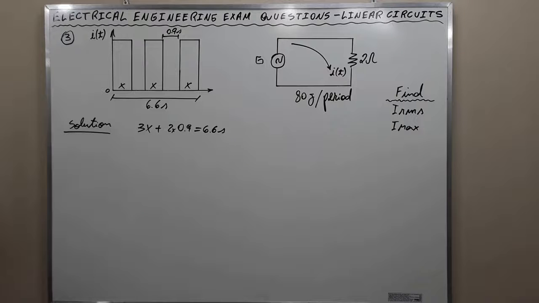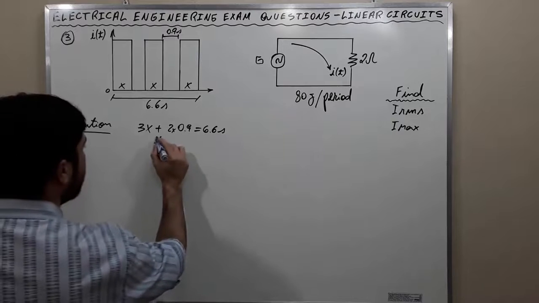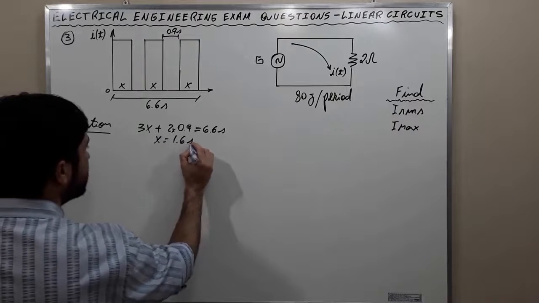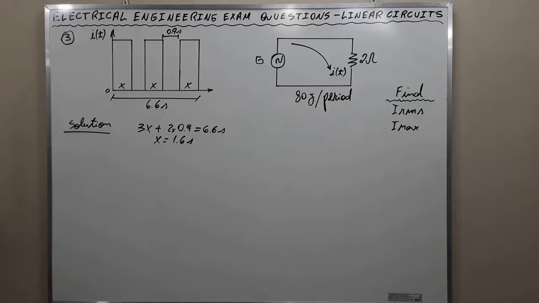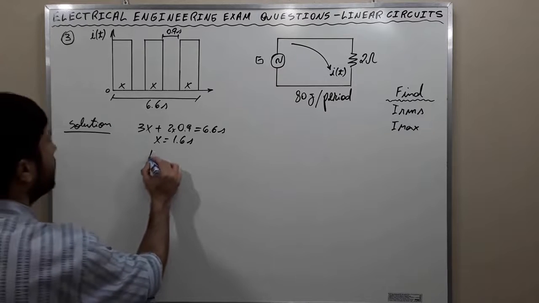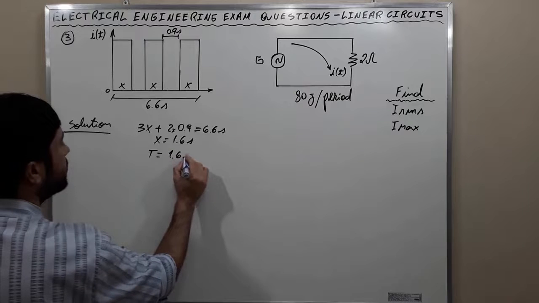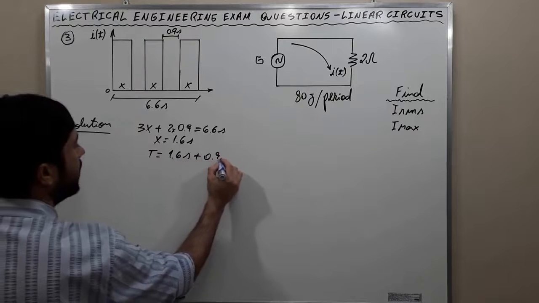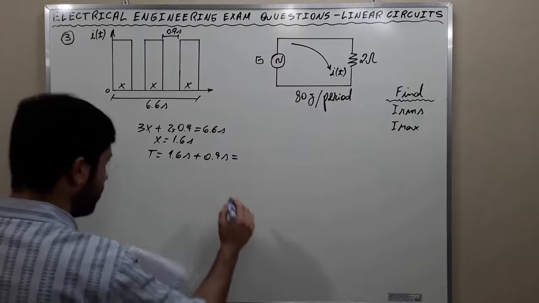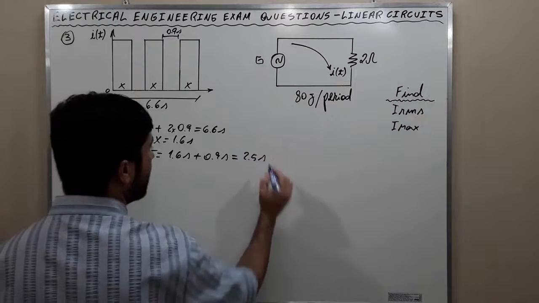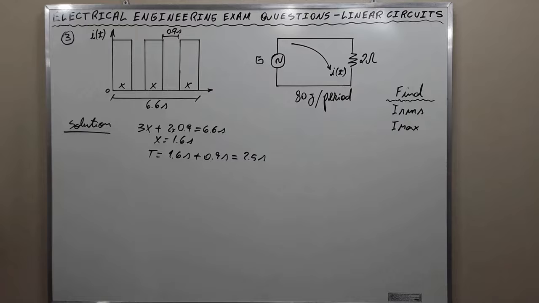By developing this, we find that X is equal to 1.6 seconds. And the period of the signal is then 1.6 seconds plus 0.9 seconds, which is 2.5 seconds.